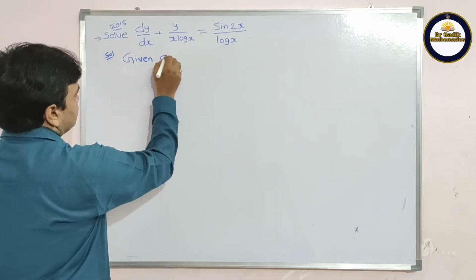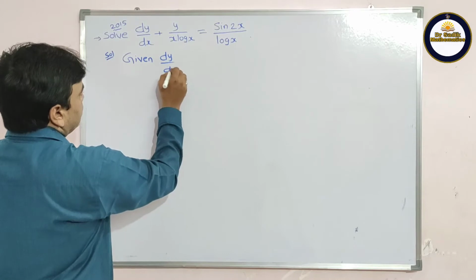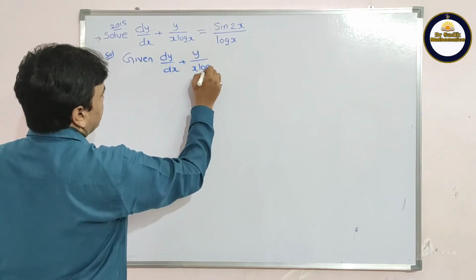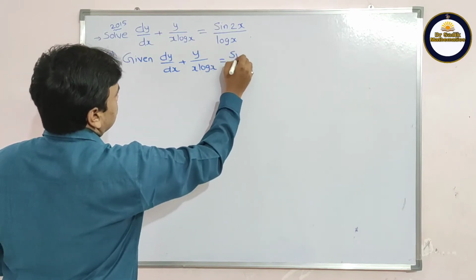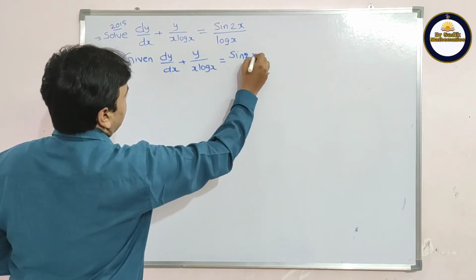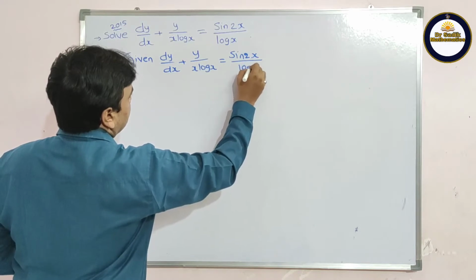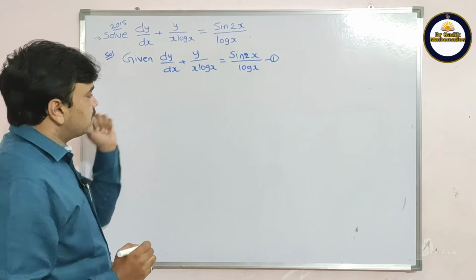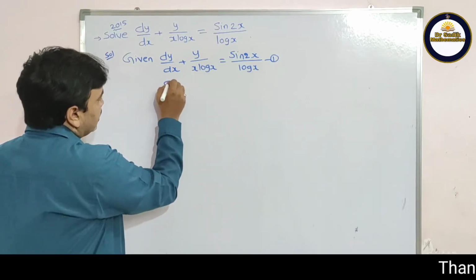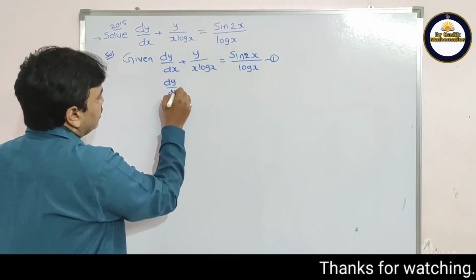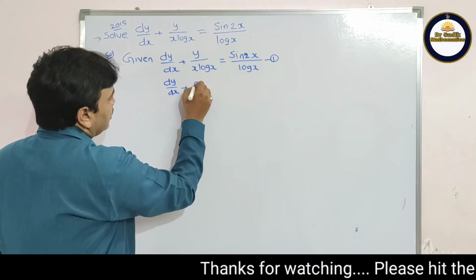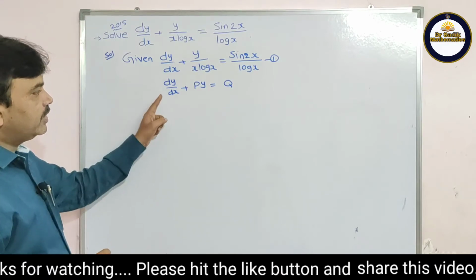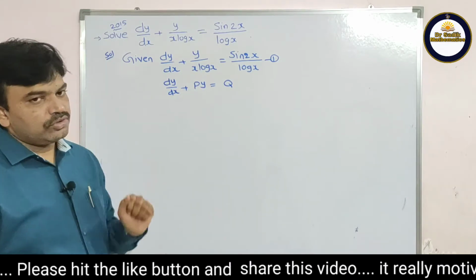Write down the equation, friends. dy by dx plus y by (x log x) is equal to sin 2x by log x. Say this is 1. This equation is like dy by dx plus py is equal to q.